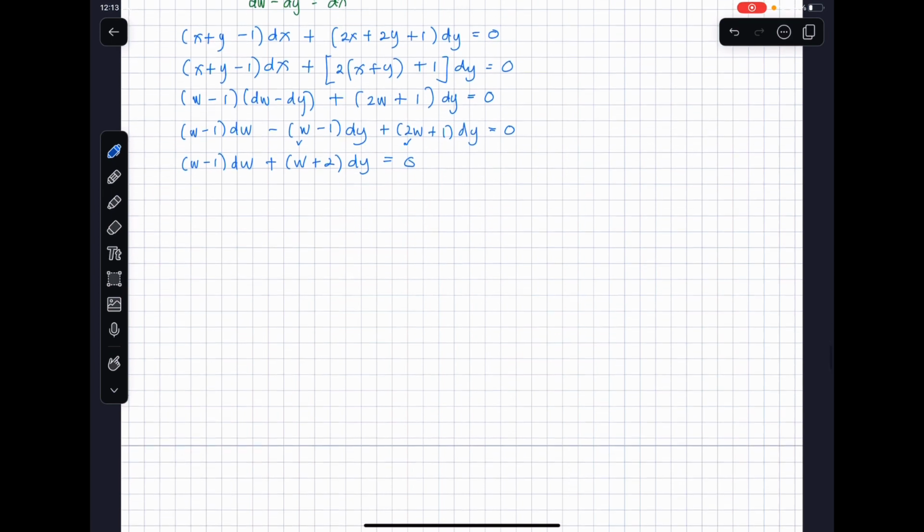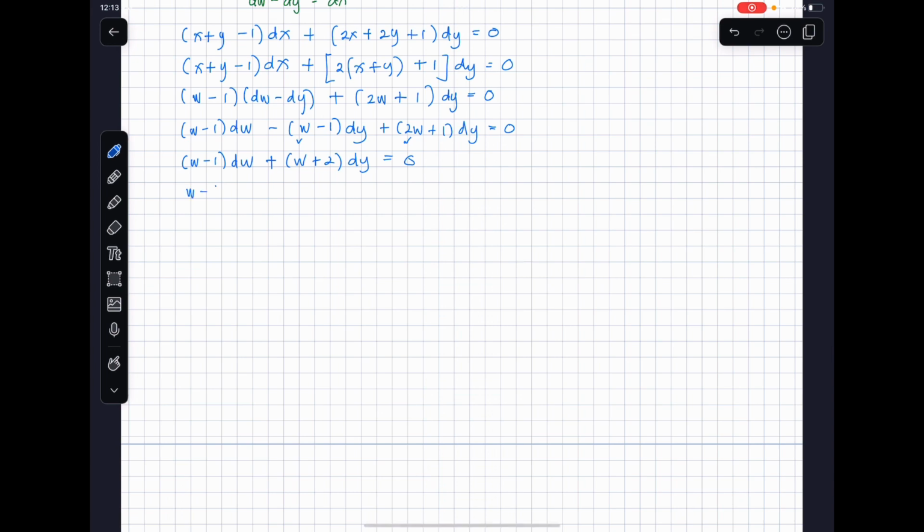And thus, by separation, we will have w minus 1 over w plus 2 dw, and then plus dy is equal to 0. For the numerator we need w plus 2, so we write w plus 2 and then minus 3. So plus 2 minus 3 would be negative 1, all over w plus 2 dw plus dy is equal to 0.